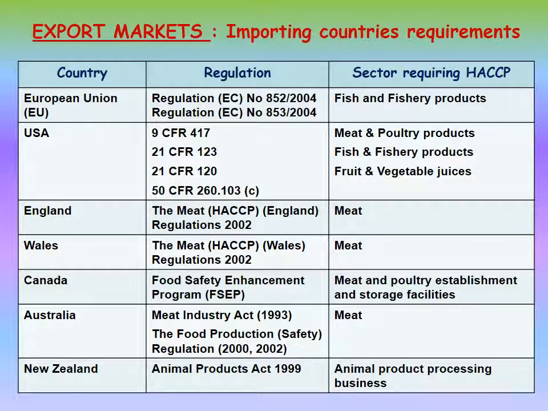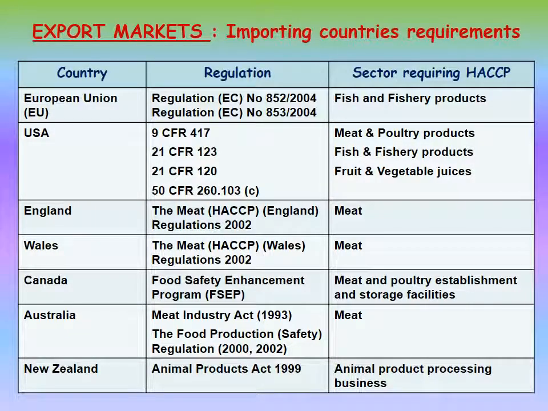Okay class, you can see from here export market and important countries' requirements. Countries such as the EU, you can see the regulation from here, and sectors that require HACCP, for example fish and fishery products.